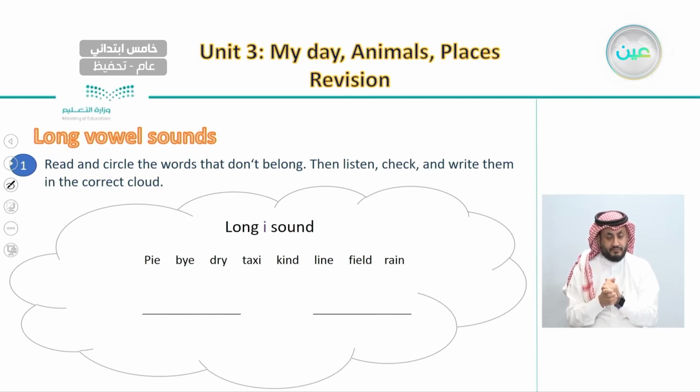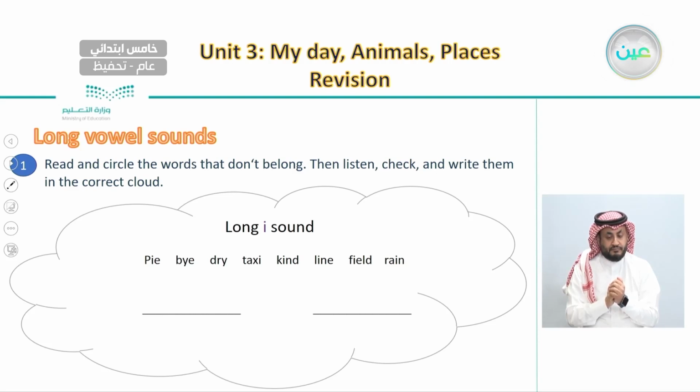So here we have pie, buy, dry, taxi, kind, line, field, and rain.